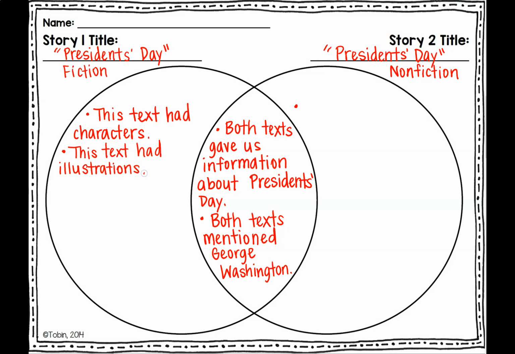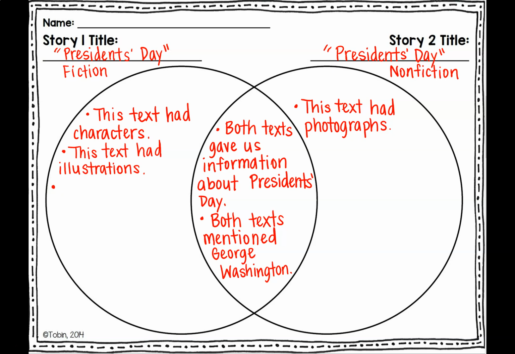It had drawings of the kids as they were dressing up as the presidents and while they were doing their play and in their classrooms. Now, the nonfiction book didn't have illustrations. What did it have? Nonfiction books typically, not always, but most of them use photographs. This text had photographs. We had photographs of different presidents. There were photographs of the White House. Those were actual photographs. Okay, so now let's think about what else a fiction story has to have.